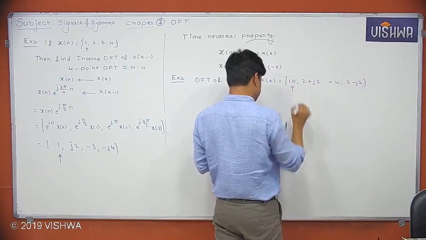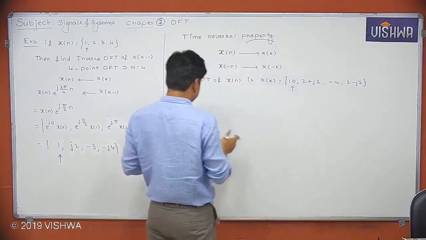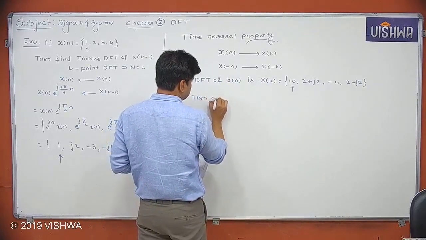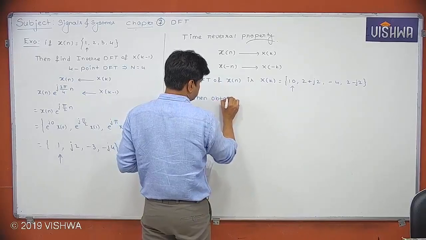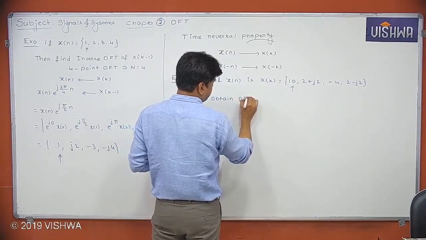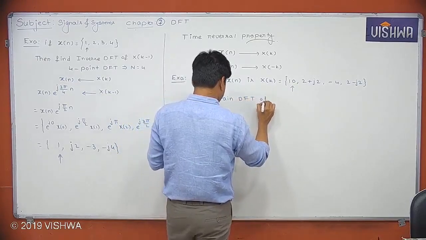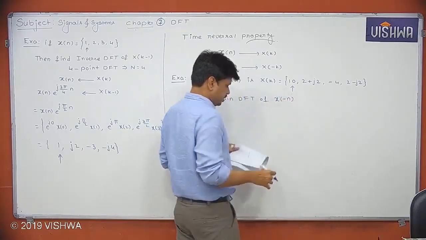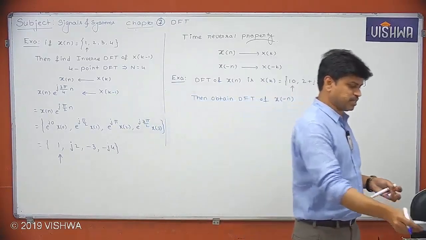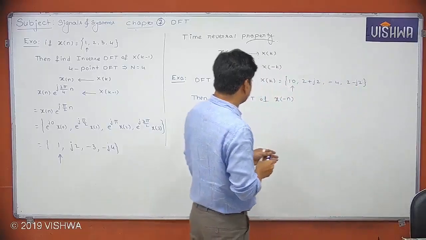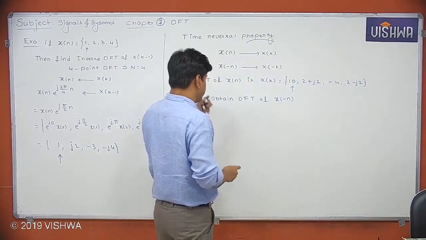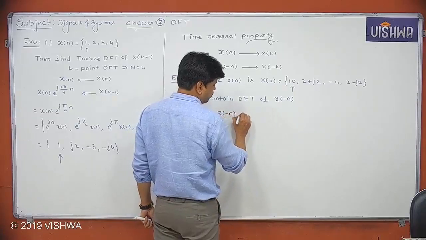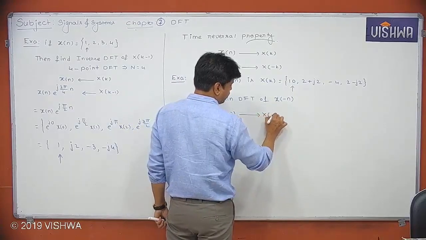Then obtain the DFT of x of minus n. So we know from the property, x of minus n having DFT which is X of minus k.